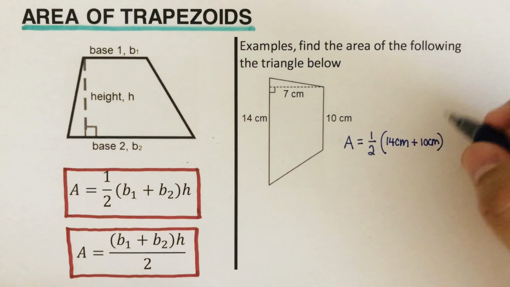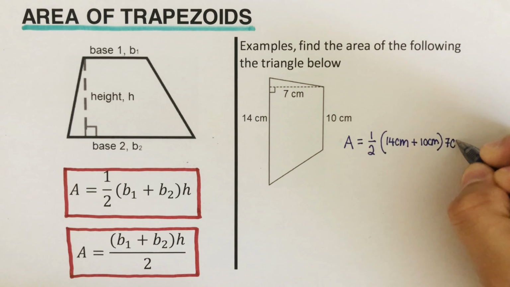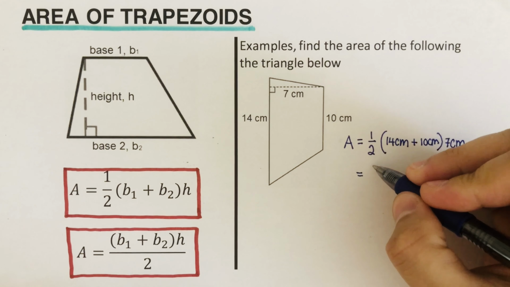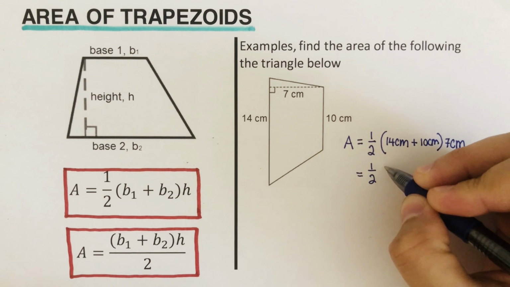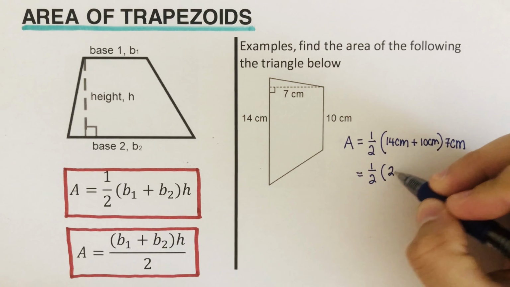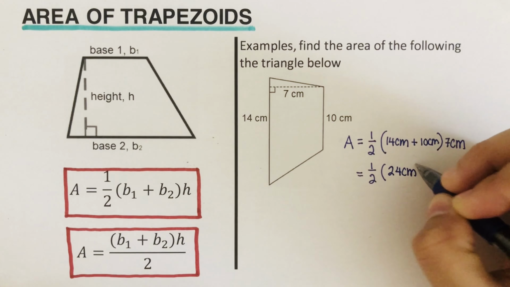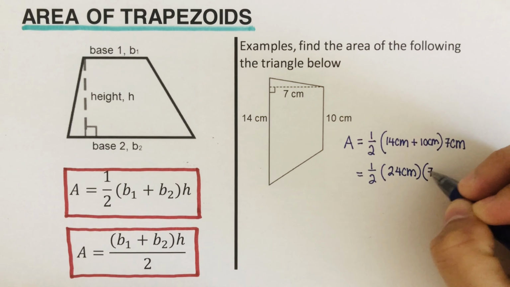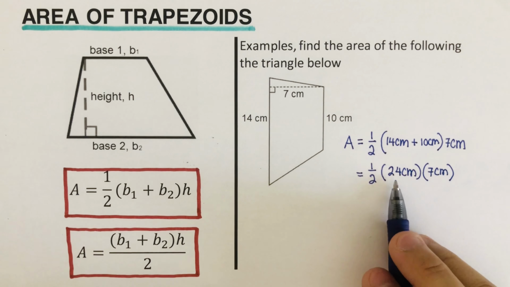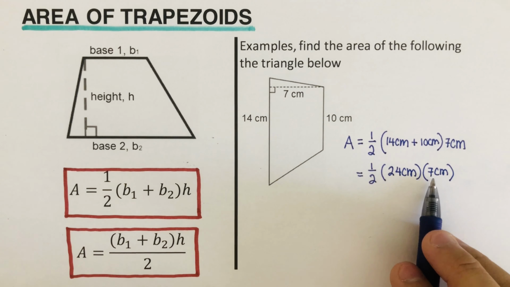So I can write 7 centimeters. And then from here, I'm going to simplify the ones inside the parentheses first. So that would be 1/2 of 14 centimeters plus 10 centimeters is 24 centimeters. And then multiply that by 7 centimeters.